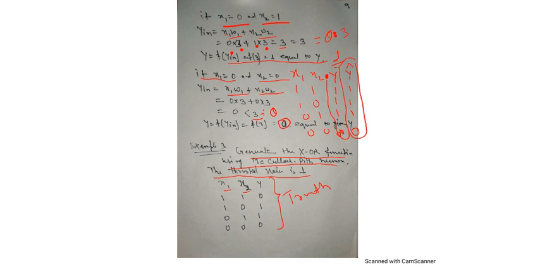In this there is a little trick. This is the XOR gate. XOR gate means x1 x2 bar plus x2 x1 bar, y is equal to, this is how it is, right?